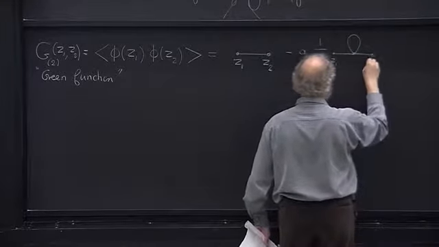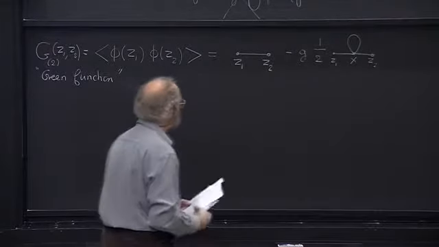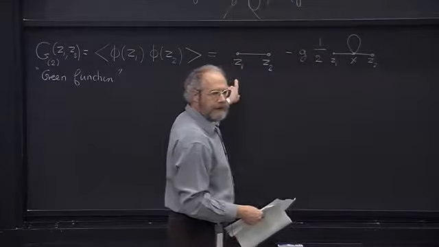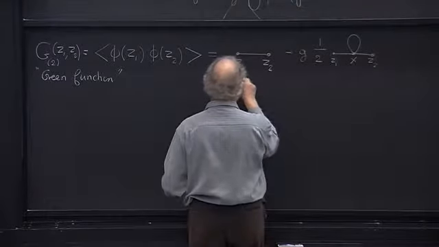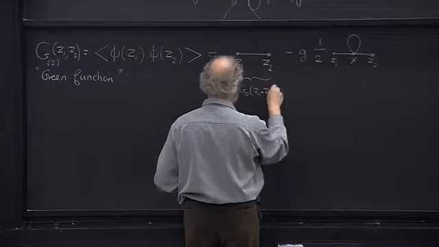We have Z1, we have Z2, and we have the vertex. And this means just the propagator. This represents the propagator, G0 of Z1 minus Z2.